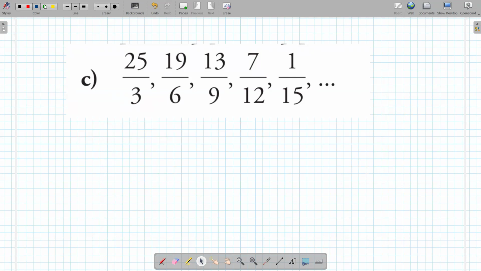In the numerator, you're just subtracting 6. In the denominator, you're adding 3. It's easy as that. So it's going to be negative 5 over 18, negative 11 over 21, negative 17 over 24. That's it. Easy peasy.